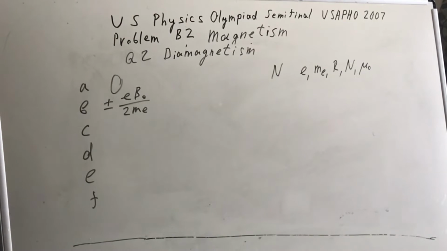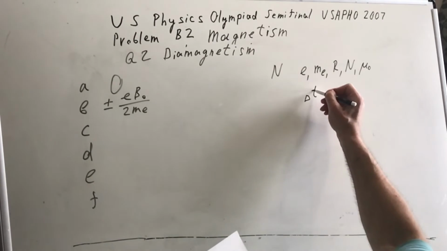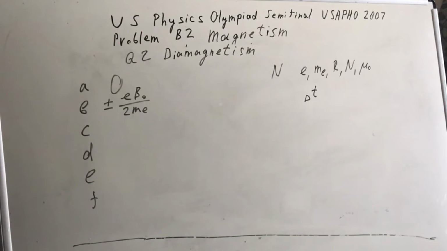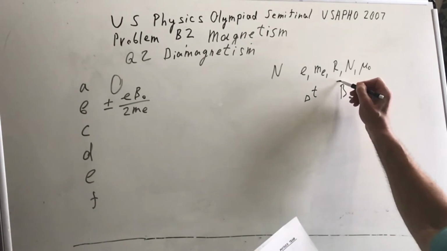Question C. Assume that the external field is turned on at a constant rate in a time interval delta t. That is to say, when t equals 0, the external field is 0, and when time equals delta t, the external field is B0.